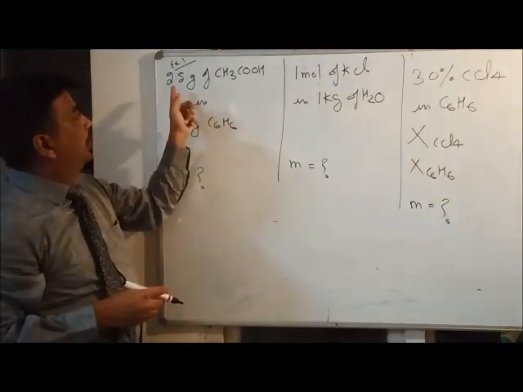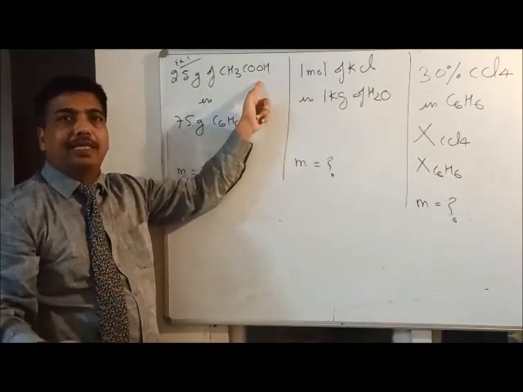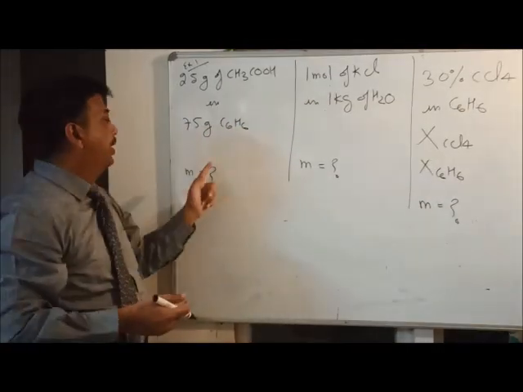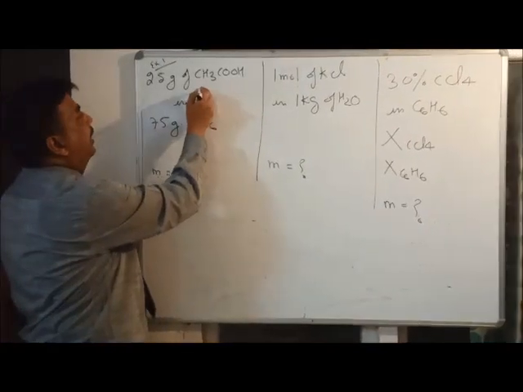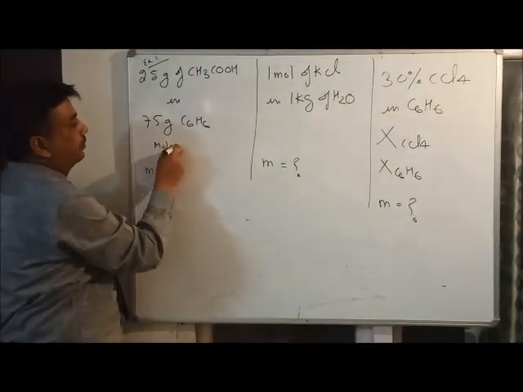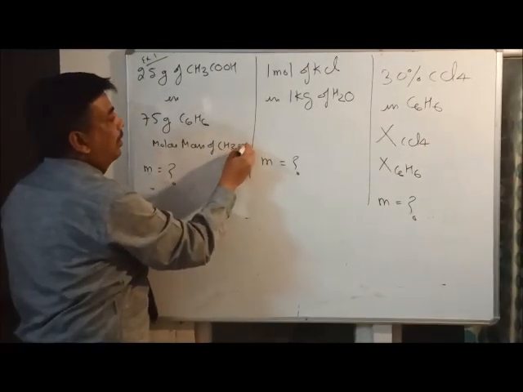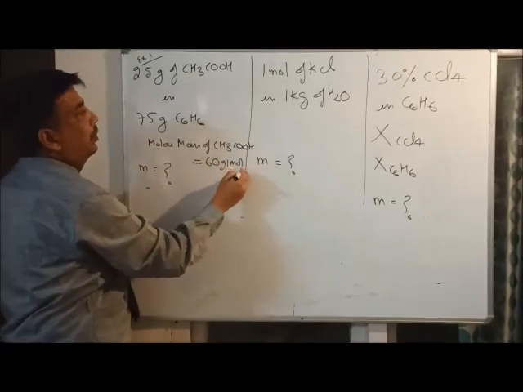I repeat, 2.5 gram of CH3COOH, ethanoic acid, is dissolved in 75 grams of benzene. Here you have to find out the molality. You are given the molar mass of CH3COOH, which is equal to 60 gram per mole.